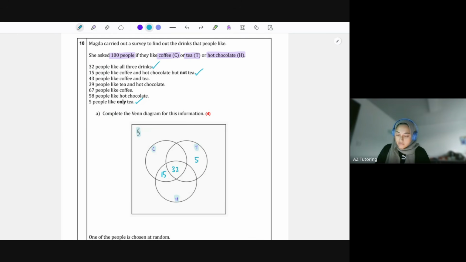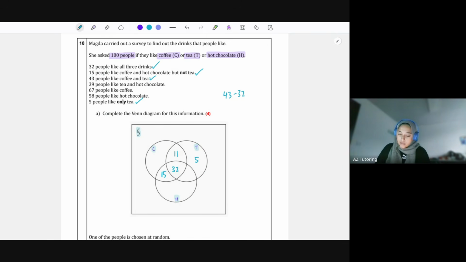43 people liked coffee and tea. So coffee and tea would be this intersection here. But we've already got a 32 there. So what we need to do is, we need to do 43 minus 32, because there's already a 32 there. We're trying to figure out what's remaining to put in here. So 43 minus 32 just gives you 11 for that section there.